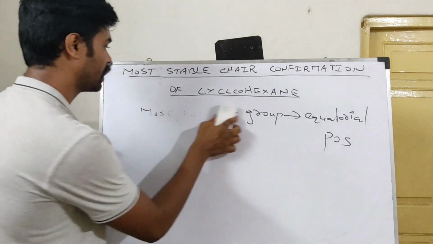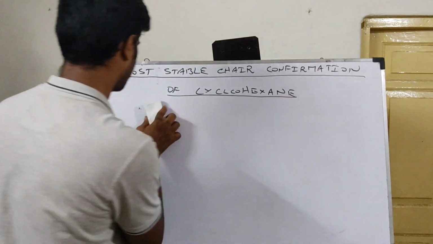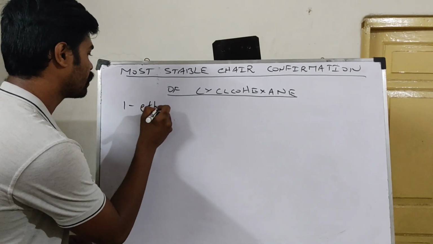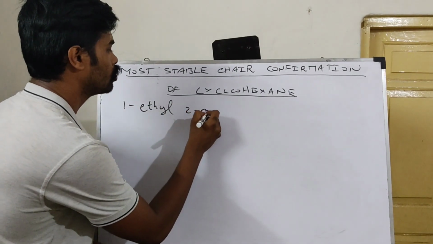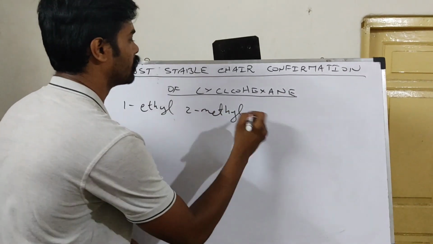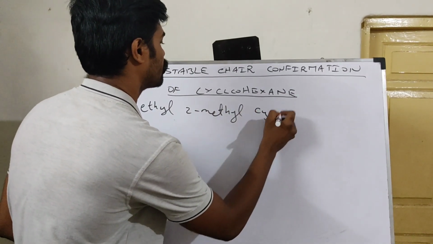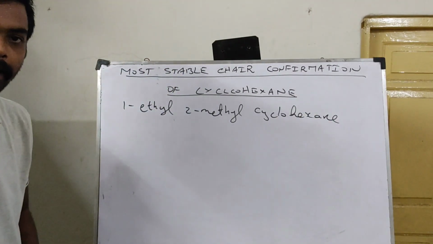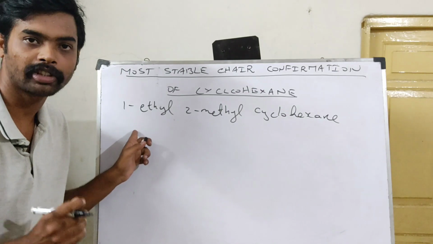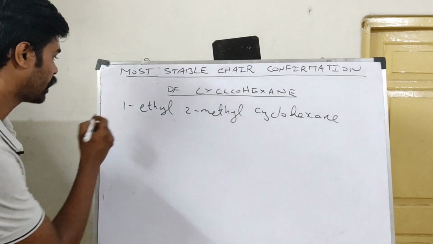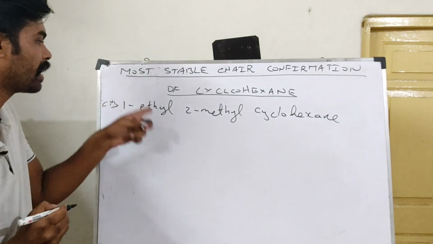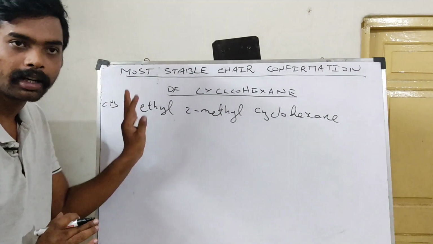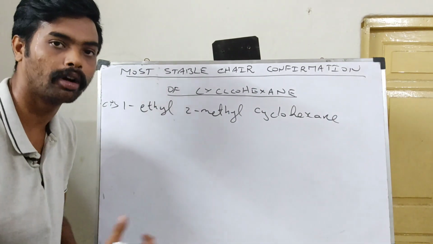So we are going to take the example of 1 ethyl 2 methyl cyclohexane, right? Again I have to take a specific case of whether it's going to be cis or trans. So let me take cis 1 ethyl 2 methyl cyclohexane. We'll directly put the planar structure first and then we'll go for the chair forms.